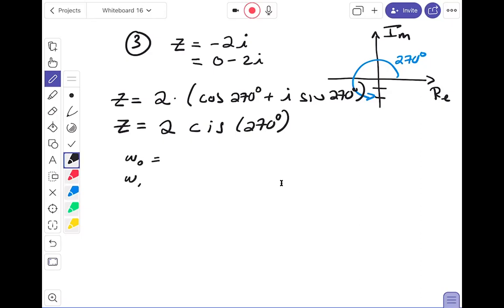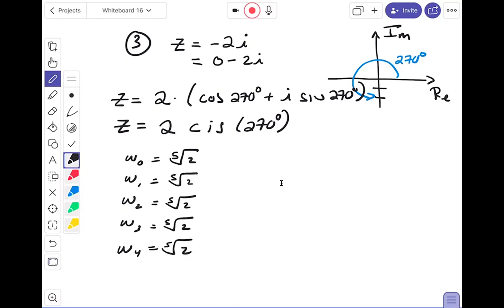There's going to be 5 of them, by the way. Each is the fifth root of 2 times CIS of some angle.